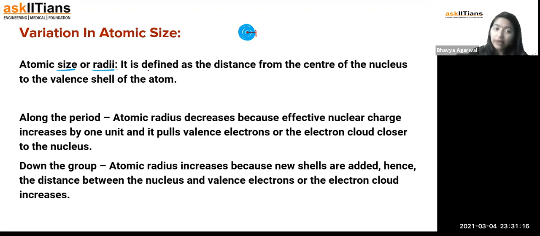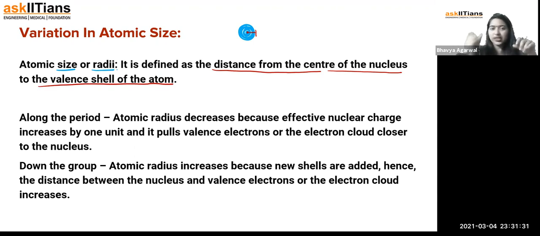So atomic radii or atomic size is defined as the distance from the center of the nucleus to the valence shell of an atom. From the nucleus to the valence shell, whatever is the distance, that will become your atomic radii. Right? Now, we really need to understand how this atomic size varies.